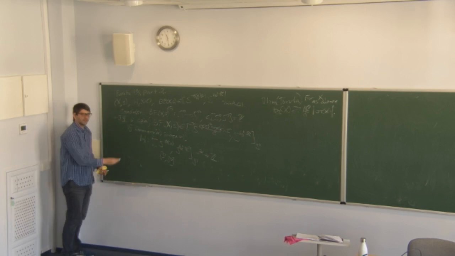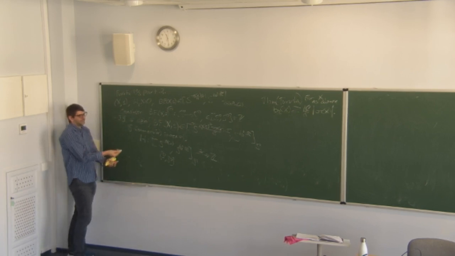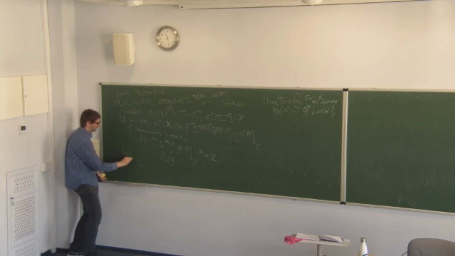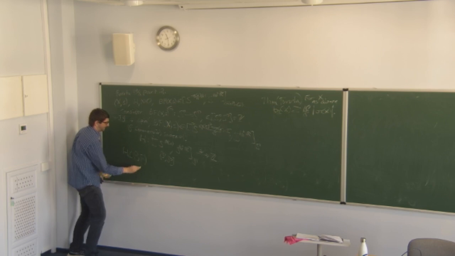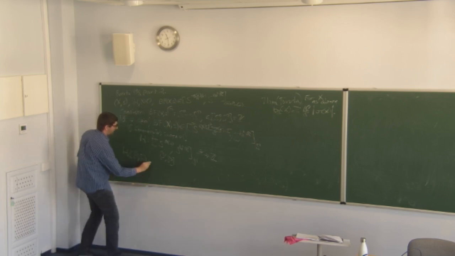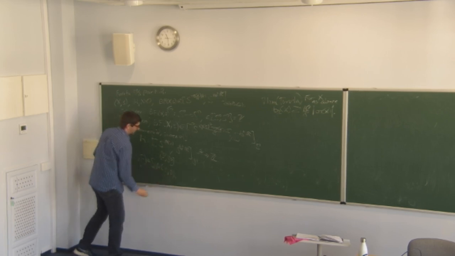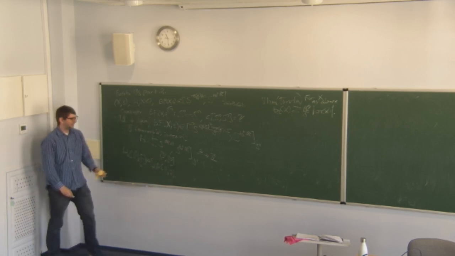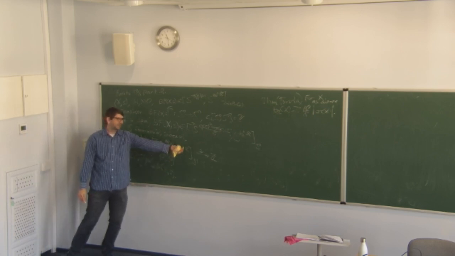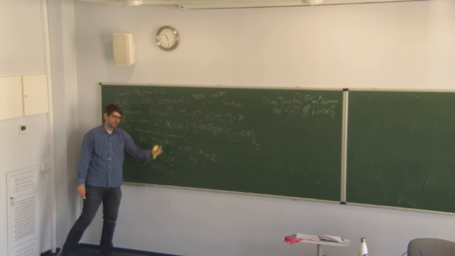The image under that isomorphism of the Bauer-Furuta invariant is what people usually call the Seiberg-Witten invariant. So the Seiberg-Witten invariant is something integer valued instead of something valued in that crazy group.